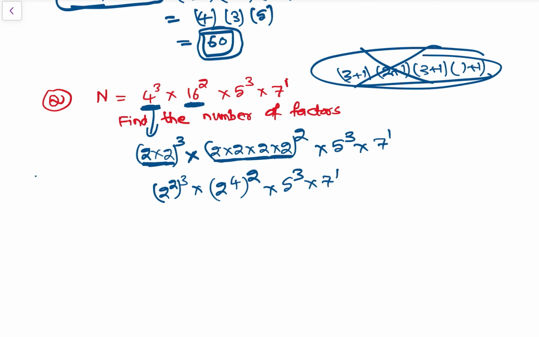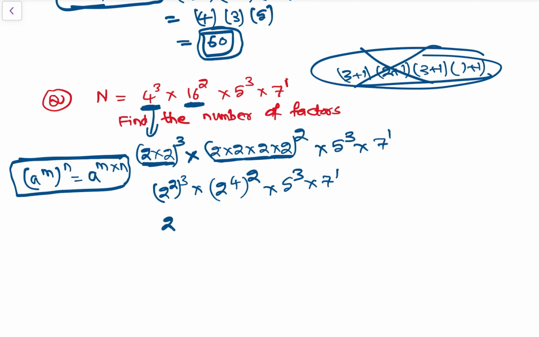Now we know (a to the power m) to the power n is equal to a to the power m into n. So this would be 2 to the power 3 into 2 is 6, into 2 to the power 4 into 2 is 8, into 5 to the power 3 into 7 to the power 1. Then again we know a to the power m into a to the power n is equal to a to the power m plus n.